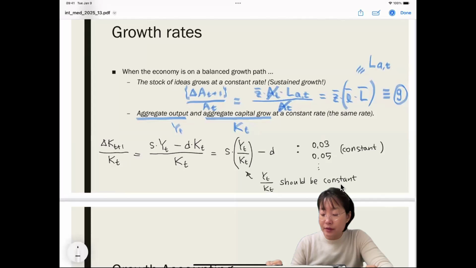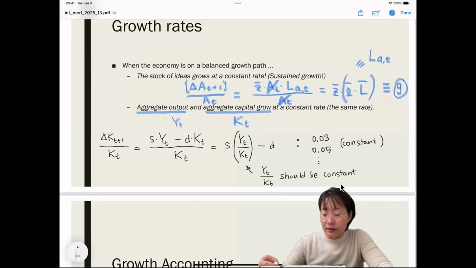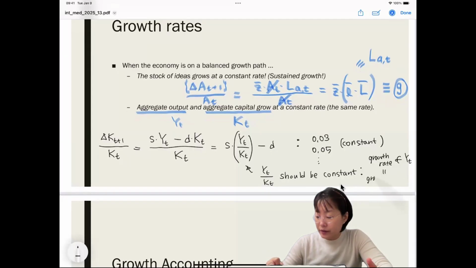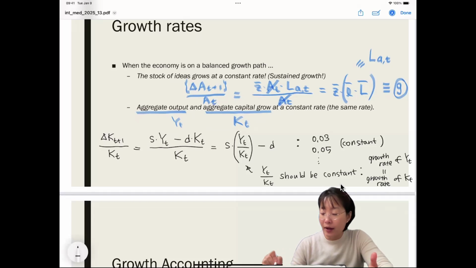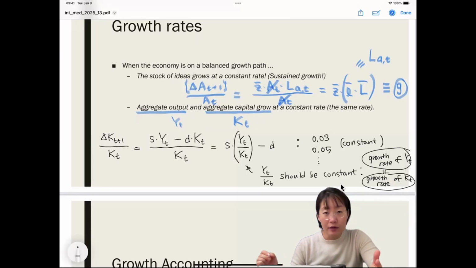That means the growth rate of output and growth rate of capital stock should be the same. If you want me to prove it, just ask me on Wednesday next week, then I can prove it. But anyway, this should be constant, so that's why they have the same growth rate.